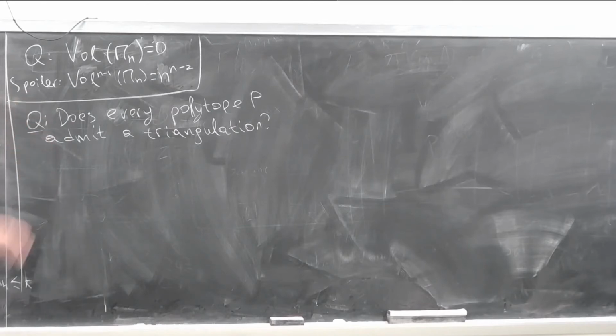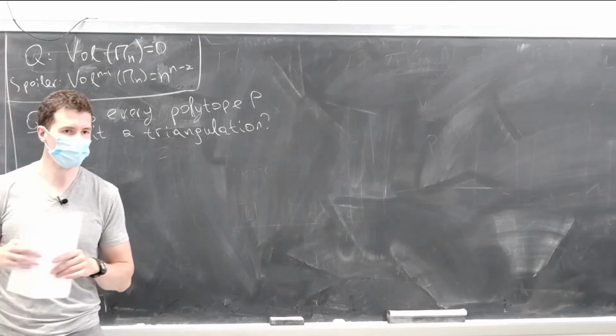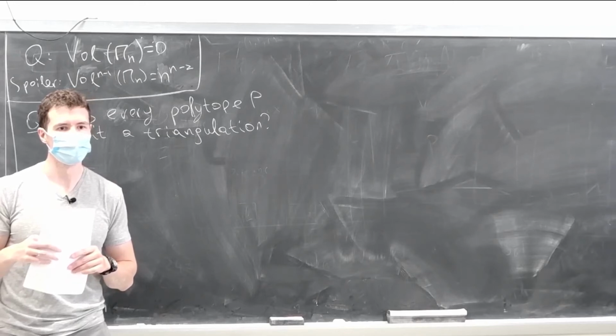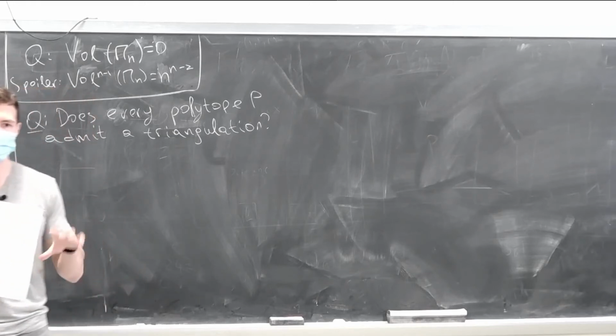So if I give you a polytope, is it easy to find a triangulation? With what definition? No, just arbitrary.